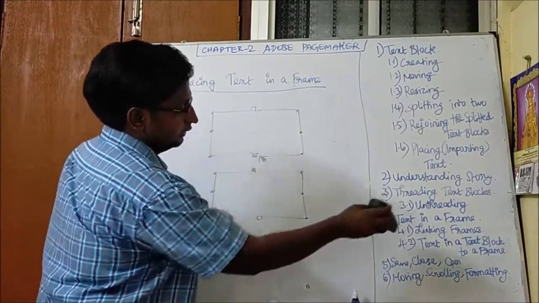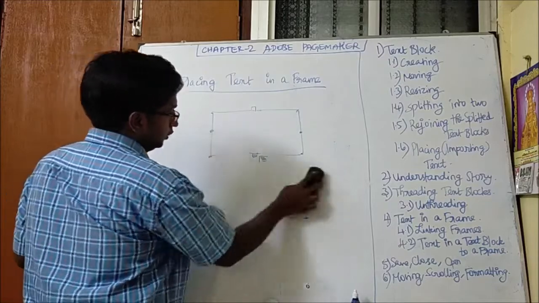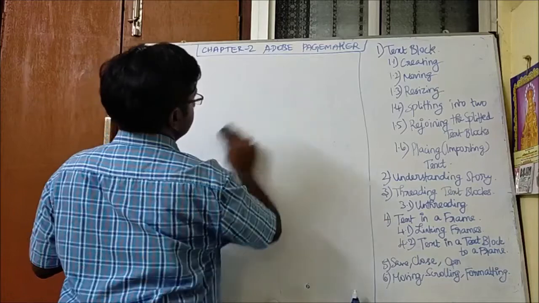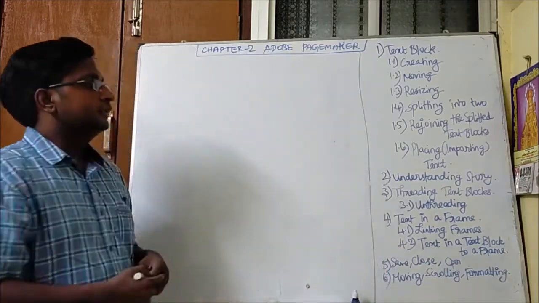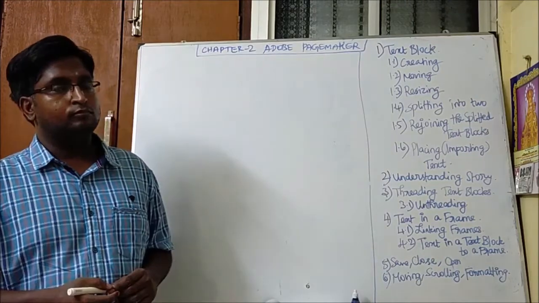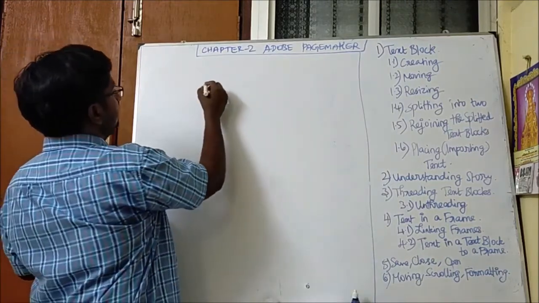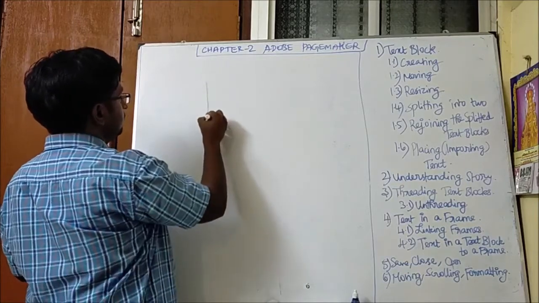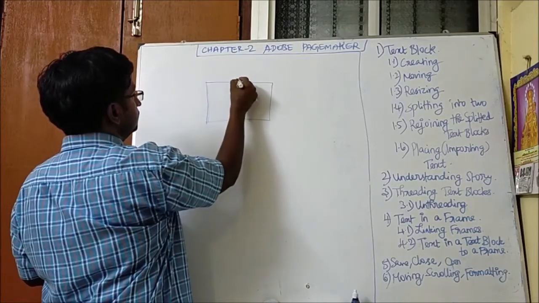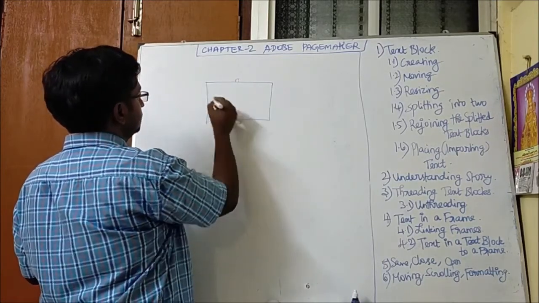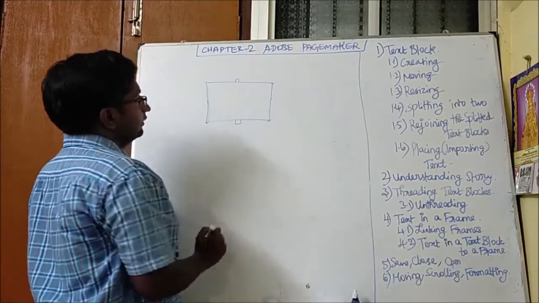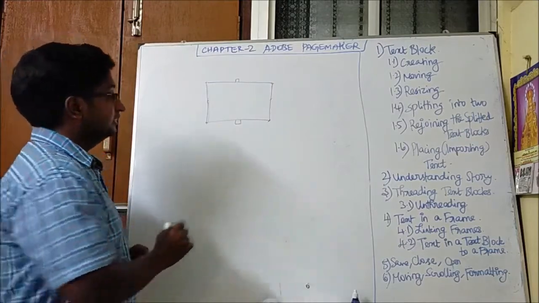So the next is the text in a text block to a frame. First, we have to draw the frame whichever needed. Next, we have to select the text.